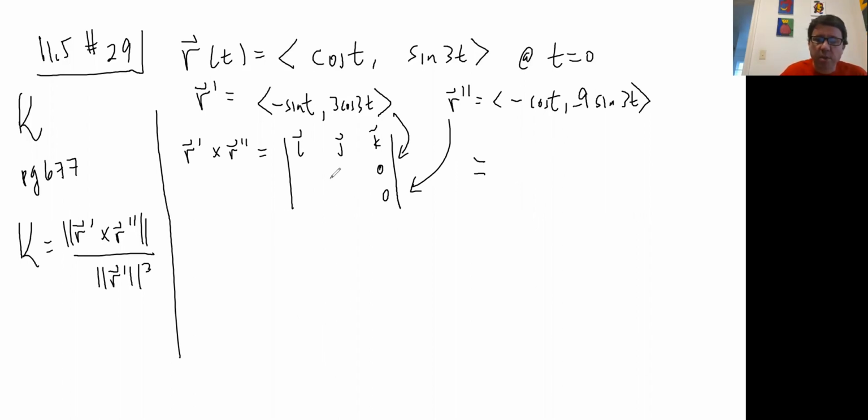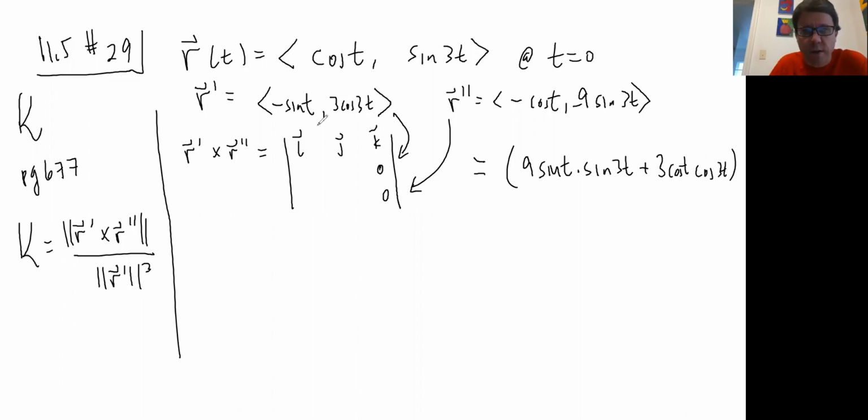So we plug in r, we plug in r prime here, and we end up getting just like the little subdeterminant for k. So that's going to be 9 sine t sine 3t, and then we'll have back the other direction. It would be plus 3 cosine t cosine 3t. If I do that now, negative, so this would be minus sine 3 cosine, minus cosine minus 9.